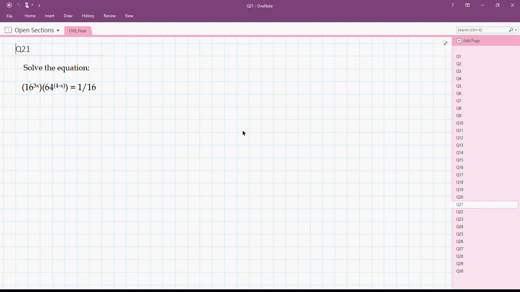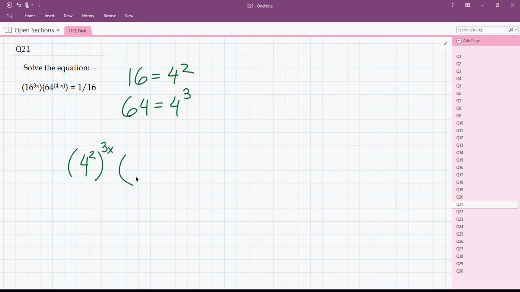So I know that 16 equals 4 squared. 64 equals 4 cubed. So I'm just going to do those replacements for now. So wherever I see a 16, I'm going to write 4 squared to the 3x. And then 64 is going to be 4 cubed to the 4 minus x.